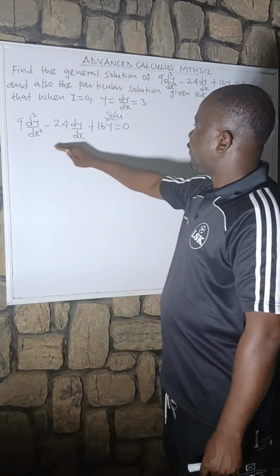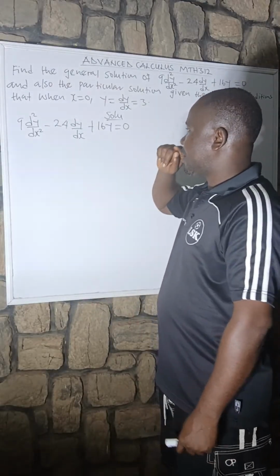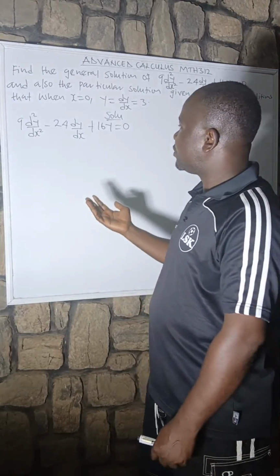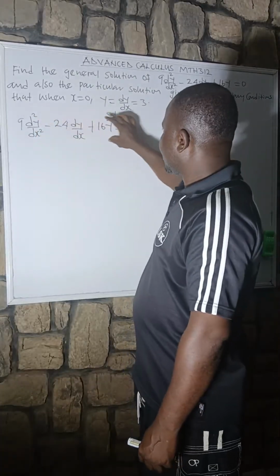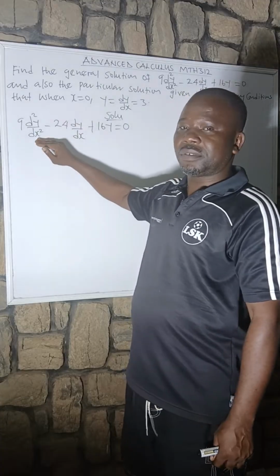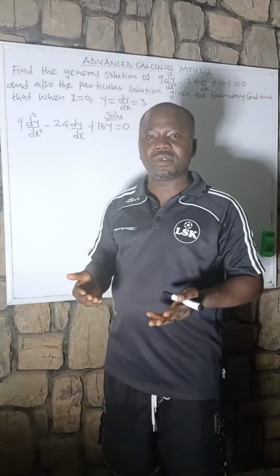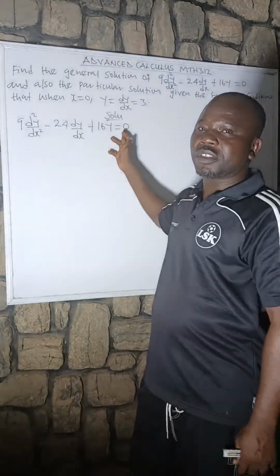Here, how can we find the general solution of this second order differential equation? In one of my videos, I mentioned that when we have a differential equation of this form, we call it a homogeneous differential equation. Why is it called homogeneous? Because it is equal to what? 0.